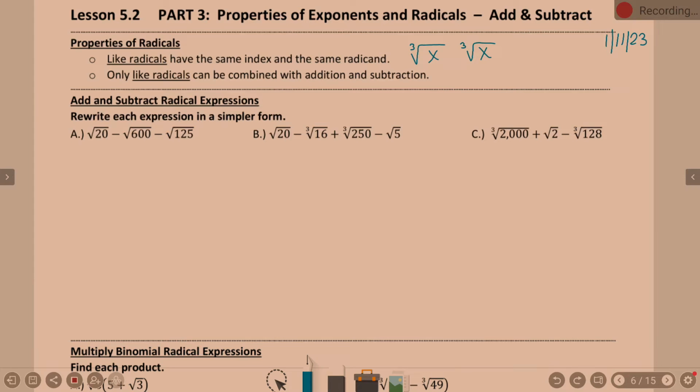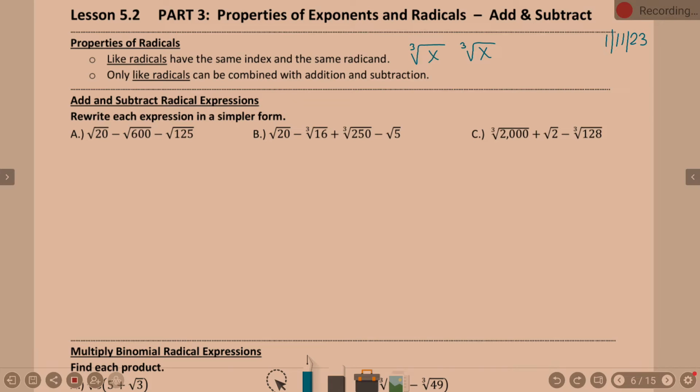No. Square root of 20, square root of 600, they're all square roots, but they have different radicands. Because 20, 600, and 125 are different, I can't subtract these. However, we learned how to simplify radicals. So we don't get to stop and say, cannot do this, until we think about whether any of these radicals have a simpler form.